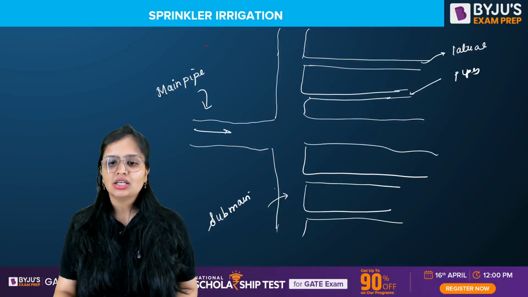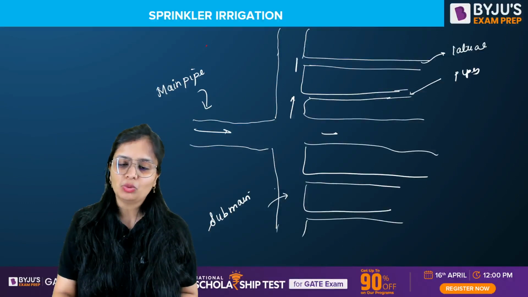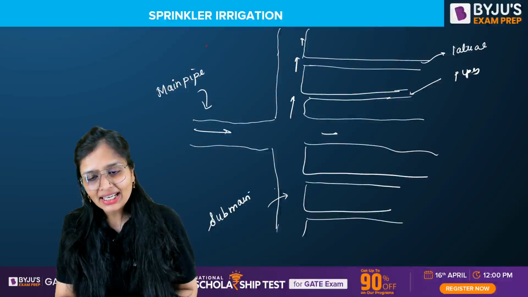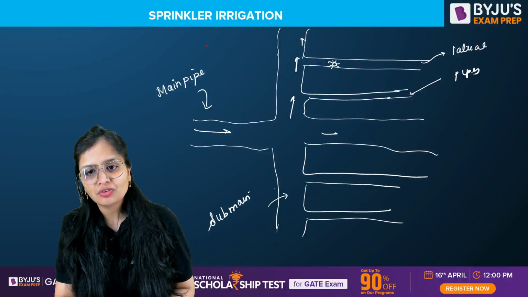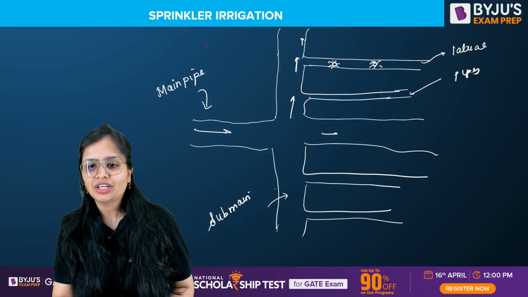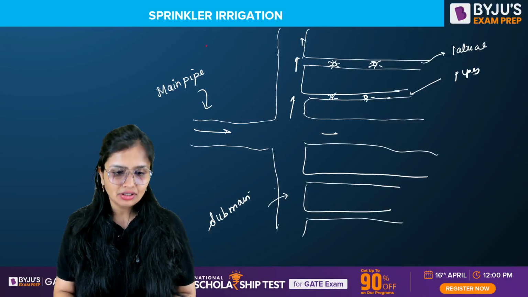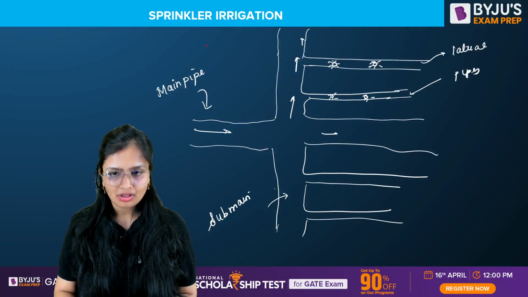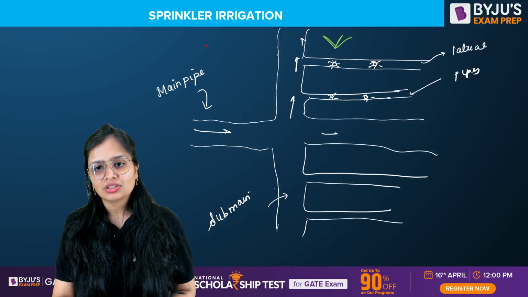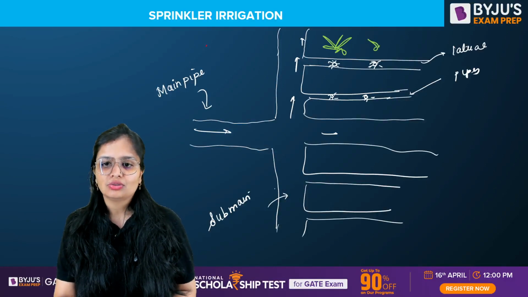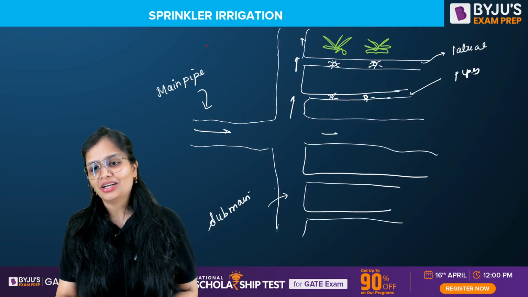Now what happens? From the main pipe, the water goes into the sub-main pipes, and in the lateral pipes you have these perforations. I'll draw those perforations, and here are your crops. Don't mind my diagram.